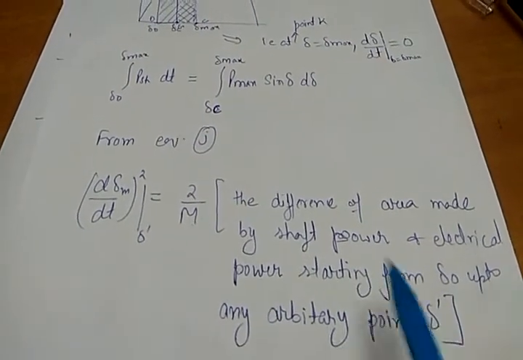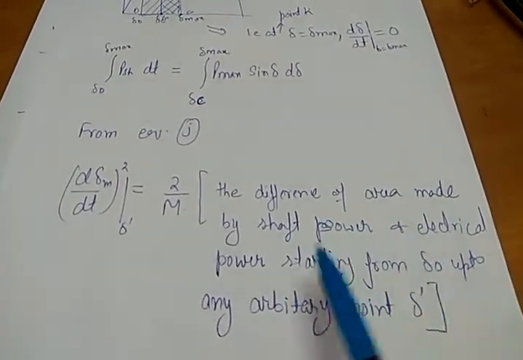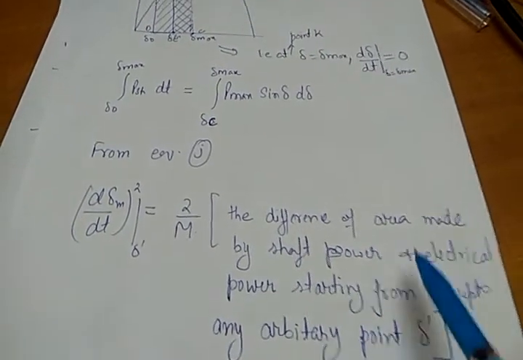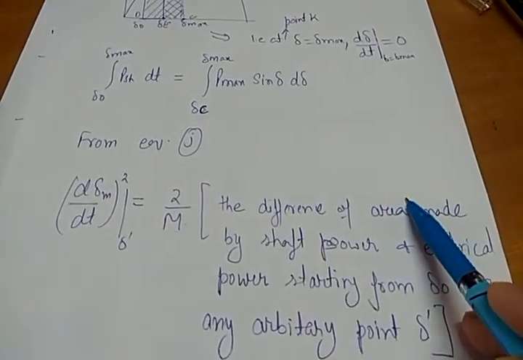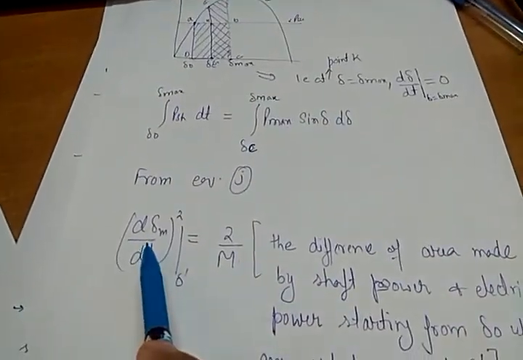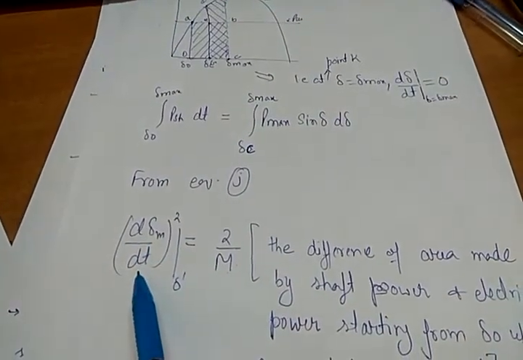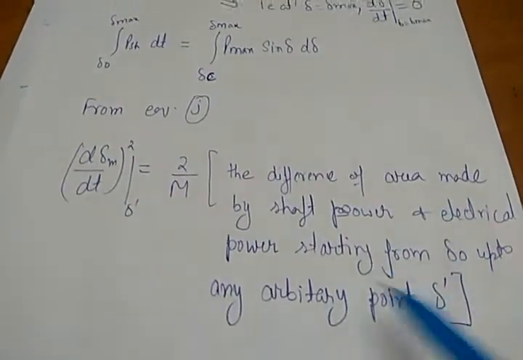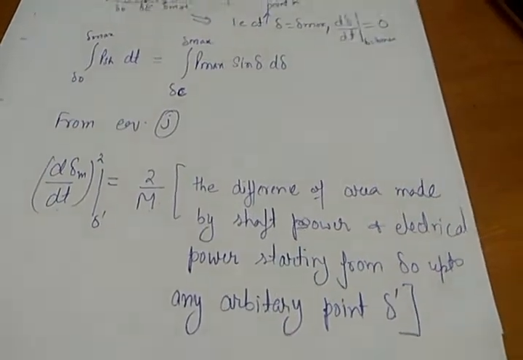If the difference in area is 0, means both the powers are equal, both the areas are equal. So this difference will be 0, and d delta m by dt will be equal to 0. As I told you, at point K, d delta m by dt will be 0, because the difference of the two powers is 0.